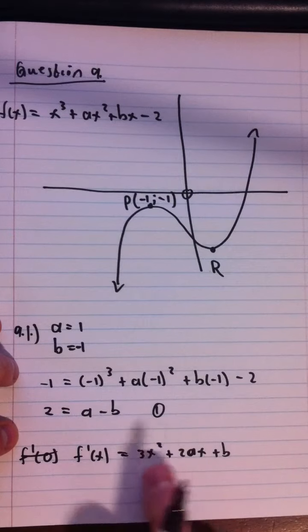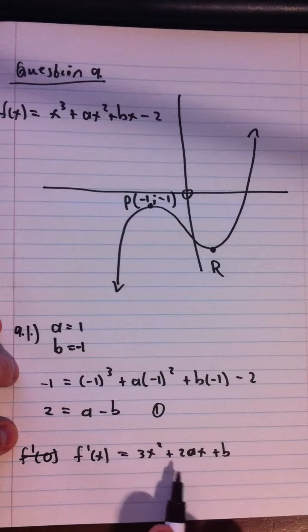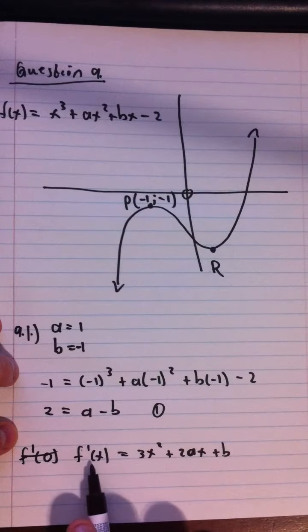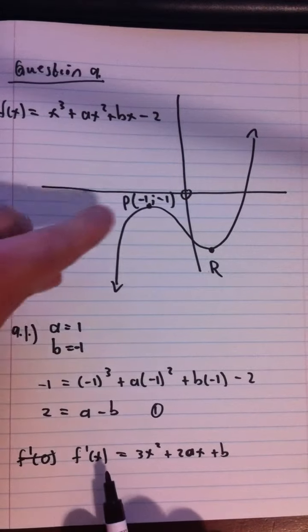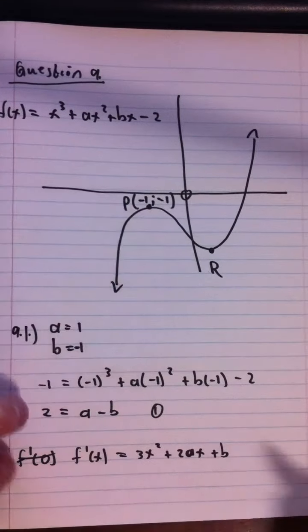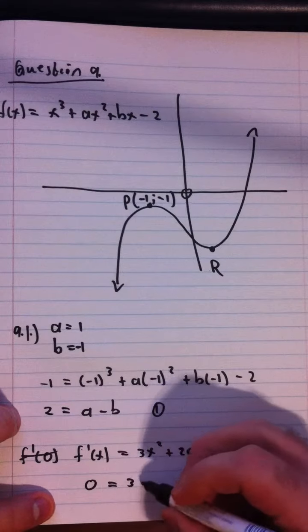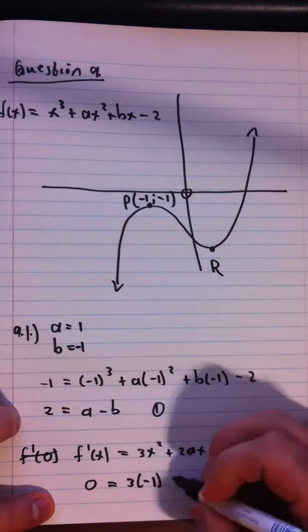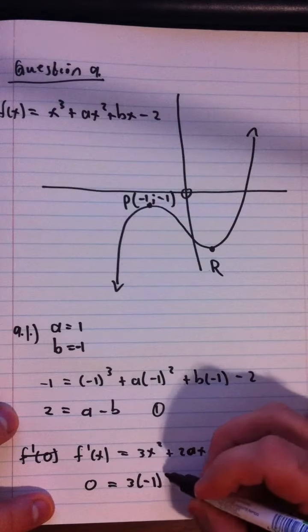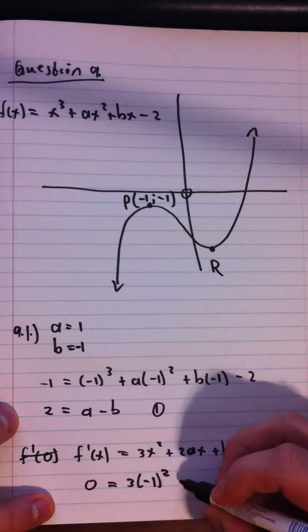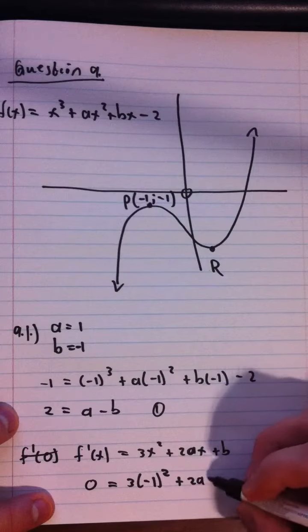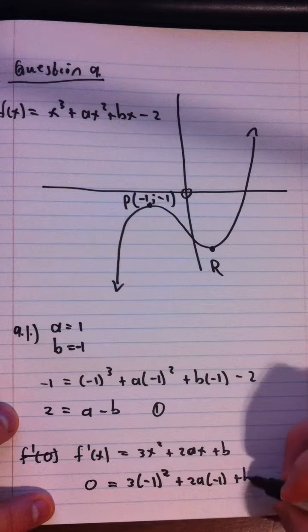Okay, now if we set this equal to 0, we find that the x value will be negative 1. So we know that if we set that equal to 0, then our x value will be negative 1. Okay, 3x squared plus 2a times negative 1 plus b.